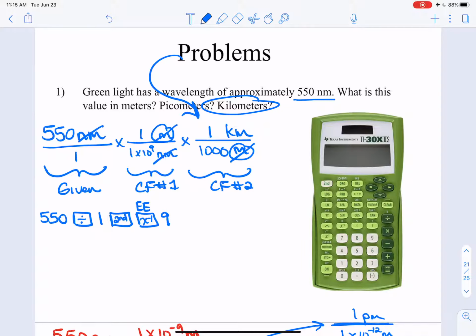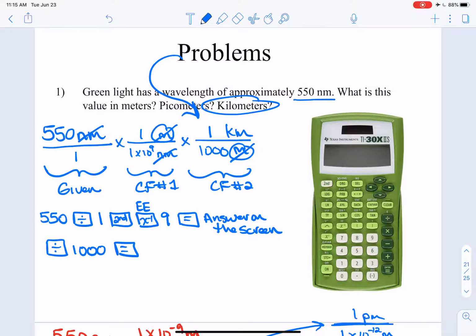Okay? And at that point, I usually hit the equals, and it'll give you an answer on the screen. And then what I would do is then do divided by 1,000 and hit the equals key again because I don't know why I just like to hit the equals a bunch of times.